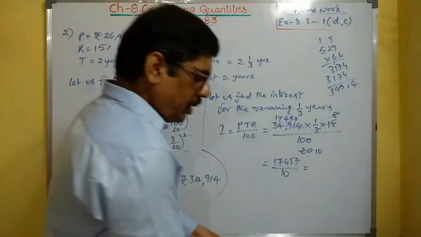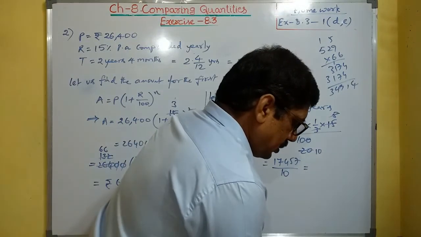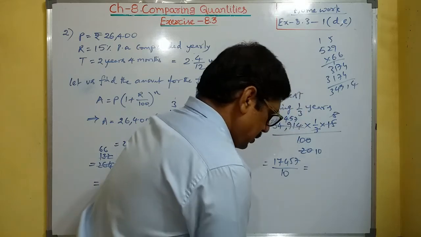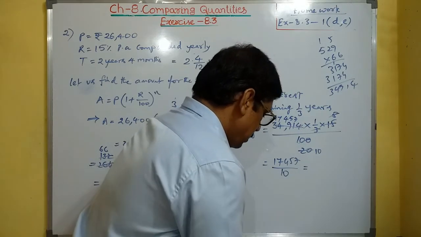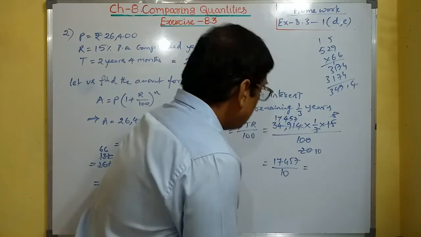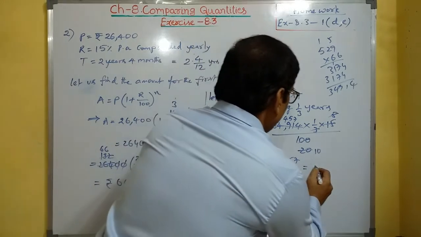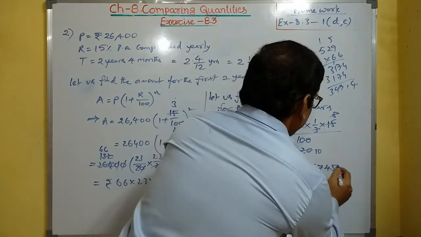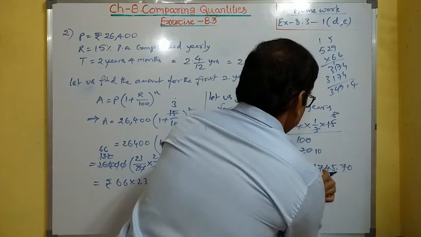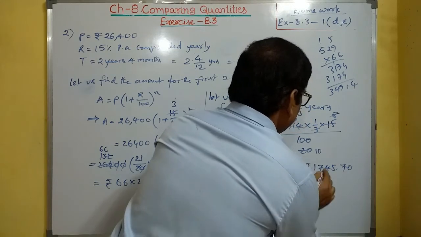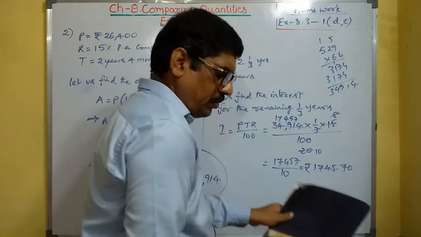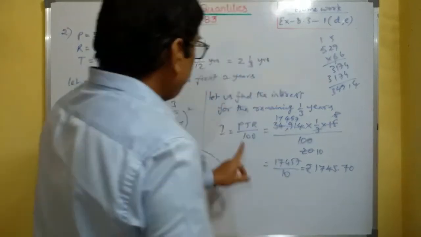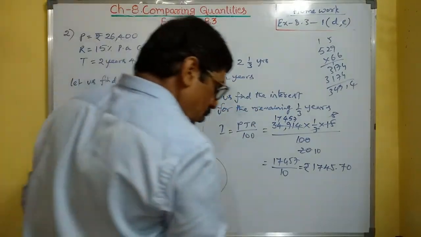Okay, then what do you get? Here we get 1745 rupees 70 paise. This is the interest to be paid for the 1/3 year.